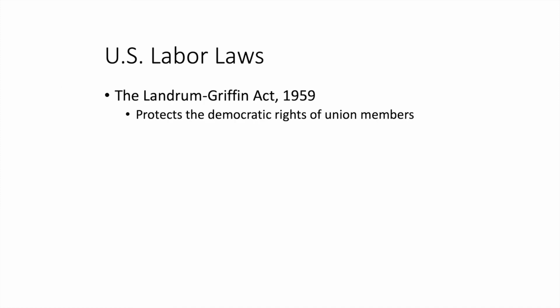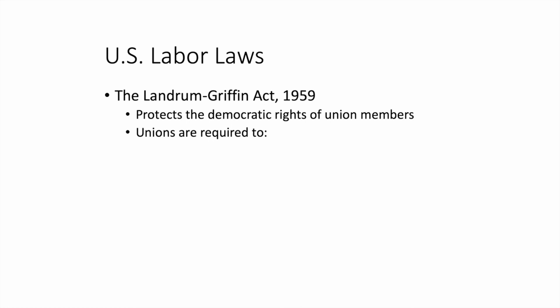Now, the Landrum-Griffin Act, it just again protects the democratic rights of union members, but this time what the Landrum-Griffin Act has done is to protect the union member from corruption brought about by the unions. Back especially in the 60s and 70s, there was union corruption.